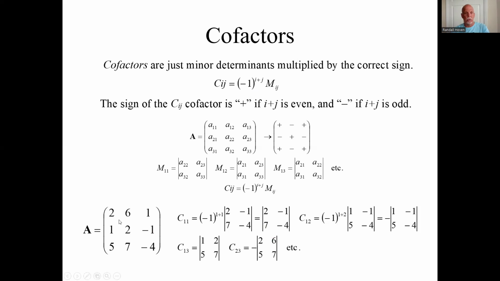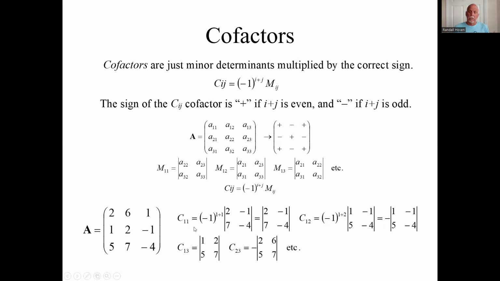The C12 term: remove the first row and second column. It'd be 1 minus 1, 5 minus 4. 1 plus 2 is 3, that's odd. Or you can also think it's up here in this position, so we put a negative on it. A negative sign for that guy.